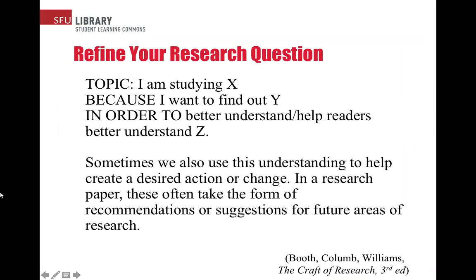So as you refine your research question, you're going to be making some statements to help yourself narrow and focus. Your topic is, I am studying X. Okay, continue that. Why? I'm studying X because I want to find out why. Okay, continue along that line.